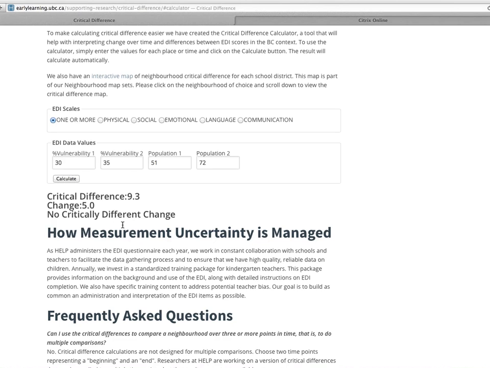Could it be used in other provinces? Well, absolutely. In fact, the EDI course was originally developed in Ontario. And if this person's from Ontario, at the Offord Centre, I think they have looked at critical difference. I'm not sure if they are using it in terms of their knowledge translation and reporting as much as we are in British Columbia, but yes, it can be used anywhere.